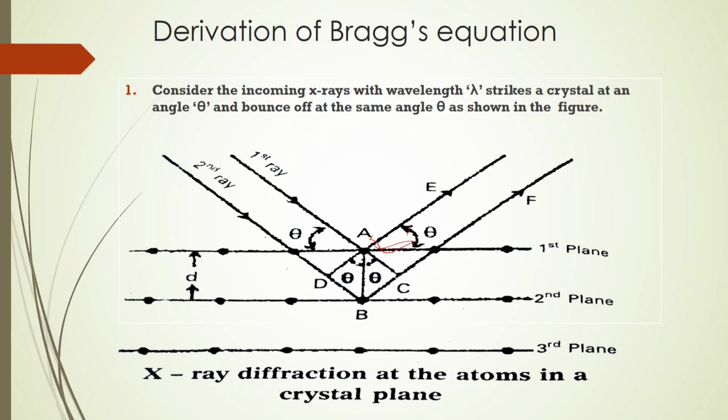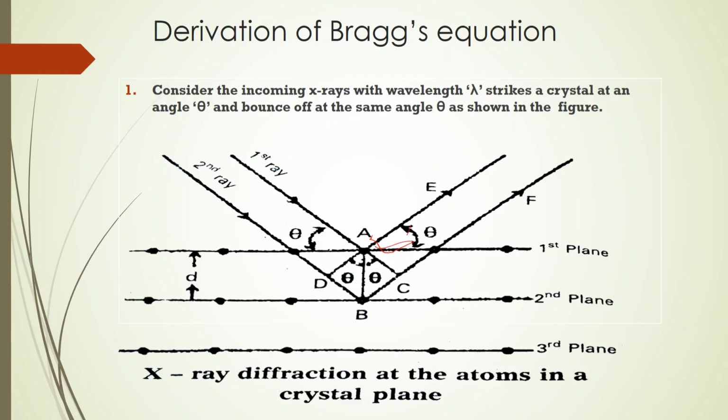So here the first ray is incident at point A and diffracted with an angle theta, and the second ray is incident at B on the second plane of the crystal, then it is also bounced back like BCF.